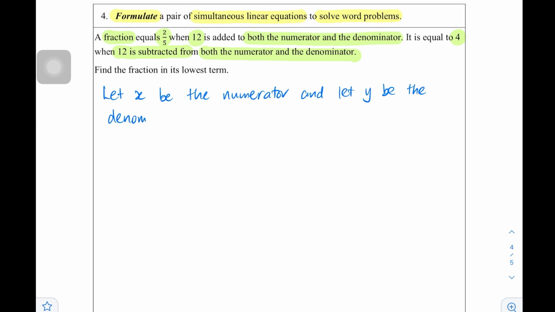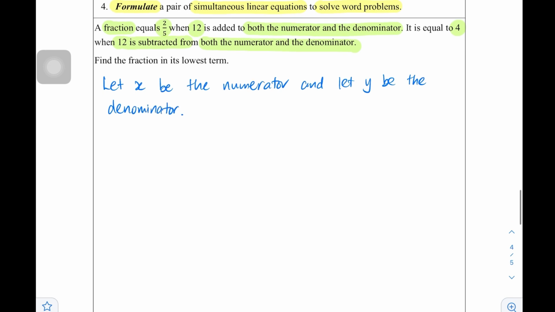Okay, so now that we have defined both the variables, let's use the information to help us formulate our equation. So we have x as the numerator and we are going to add 12 to it. We are also going to add 12 to the denominator y, and this will be equal to the new fraction 2/5.